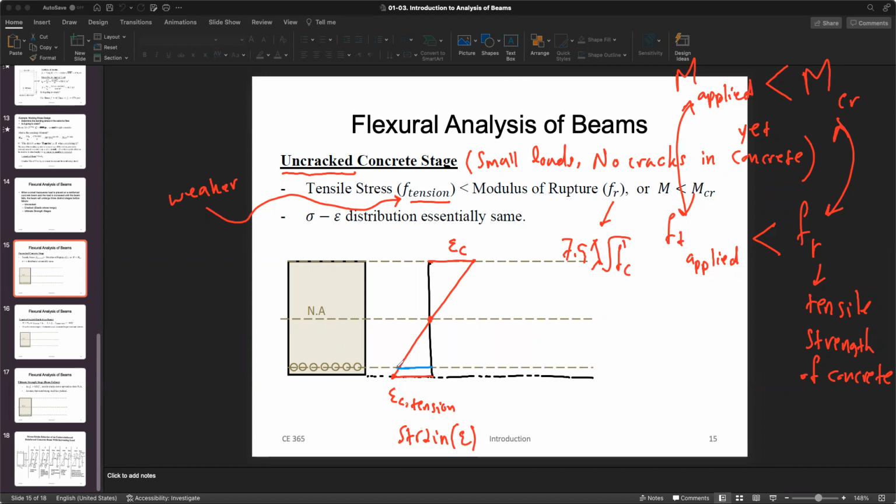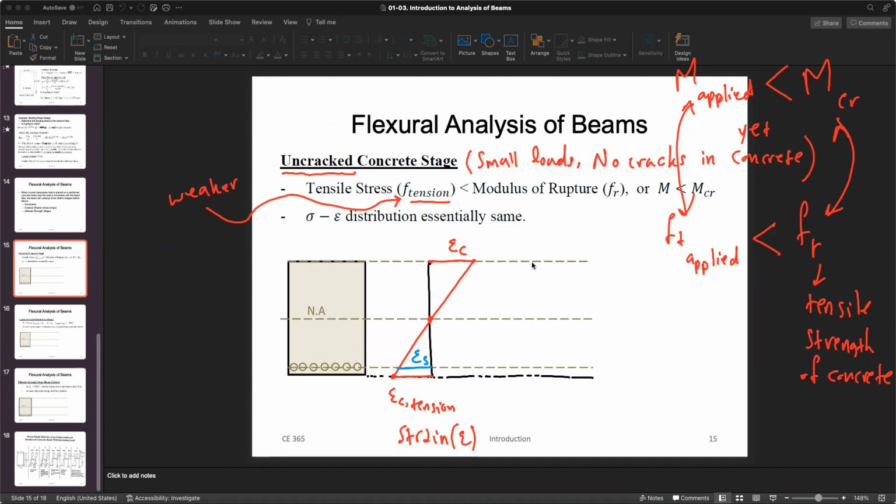This is the level of steel. I'm going to show the epsilon S. All right. So this is your strain illustration graph on the elevation of the beam cross section.